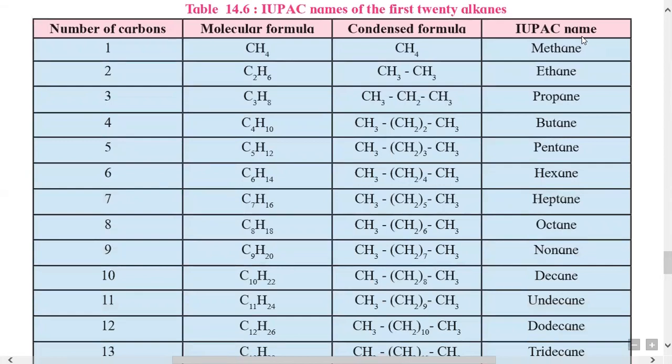This is the second example, the homologous series of alkane. In this example, the one carbon alkane is methane, with molecular formula CH4. The 2 carbon alkane is ethane, with molecular formula C2H6.